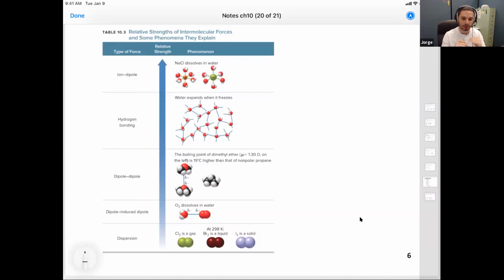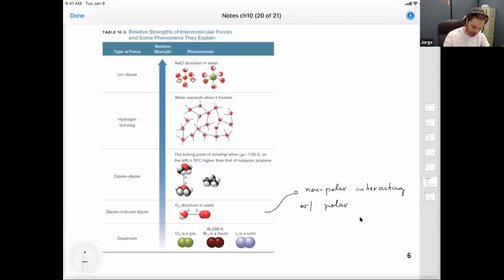From bottom to top, the second kind of interaction that I haven't talked about yet is called dipole-induced dipole. So let's talk a little bit about this kind of interaction that happens when we have a non-polar molecule interacting with a polar molecule.